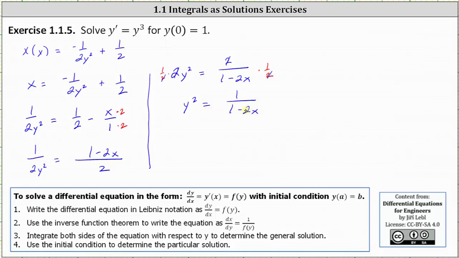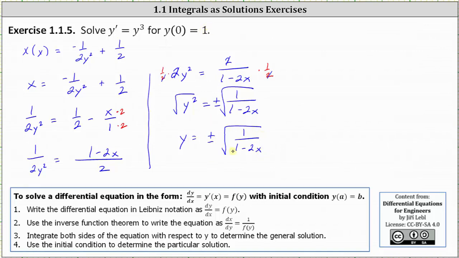And now to solve for y, we'll take the square root of both sides of the equation. And we do need to include a plus or minus on the right, giving us y is equal to plus or minus the square root of the quotient of 1 and the quantity 1 minus 2x. We're not quite done yet. We know that y of 0 is equal to positive 1.